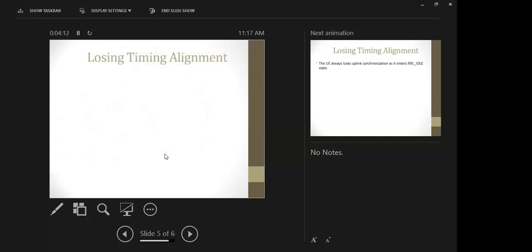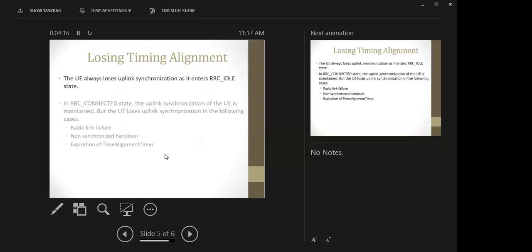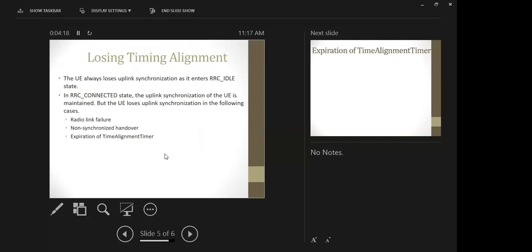Now, in the last couple of slides, we will discuss how you may lose your uplink synchronization. As long as you are hooked up with the cell, you also have the downlink synchronization.